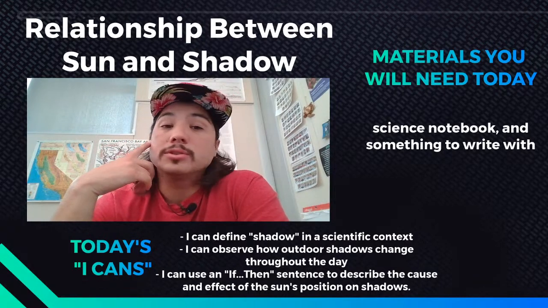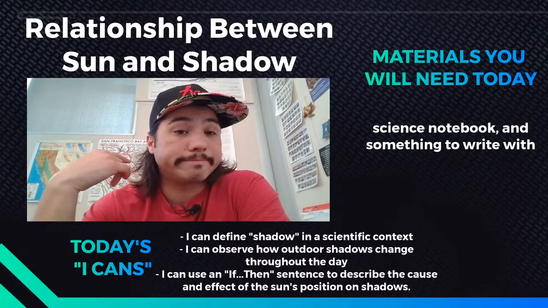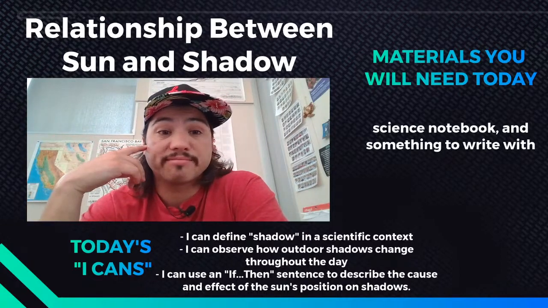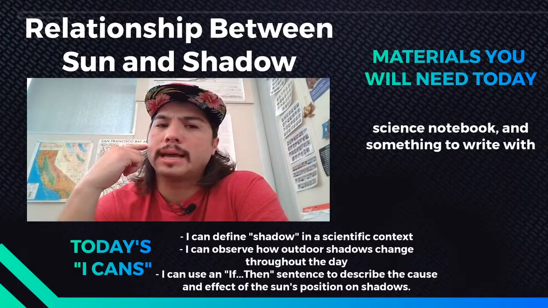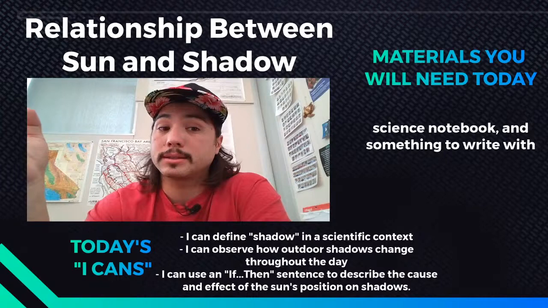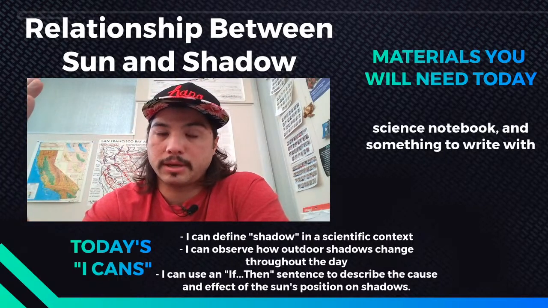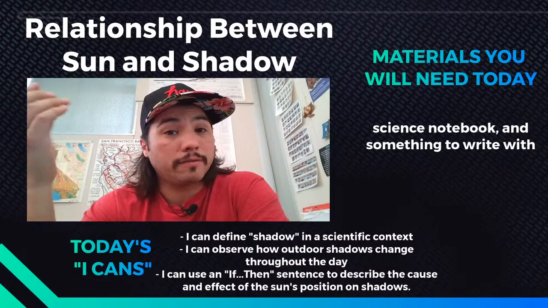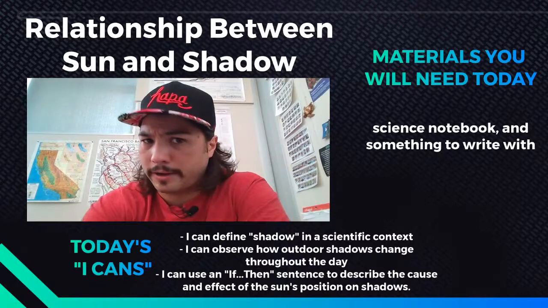Let's think about what else we know about the sun and our shadows. We know that the sun is not in the sky 24 hours a day, right? We made a good point last time because I talked about the sun moving across the sky, but I'm going to use the term perceived movement because the sun itself, as many of you smart cookies pointed out, is not doing the moving.